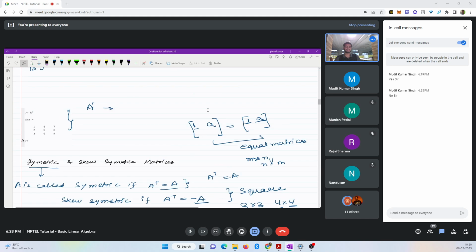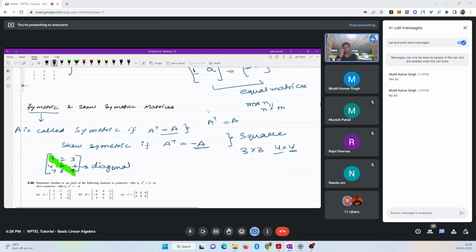So in a skew symmetric matrix, if you want this diagonal entry to be the negative, let's say my first element is A. If you want A to be minus A, what does this mean? The only possibility is that A should be 0. So in a skew symmetric matrix, all our diagonal entries are always 0.